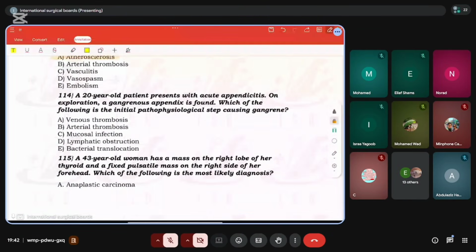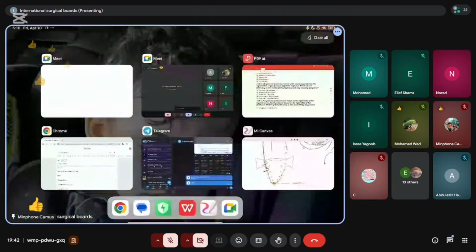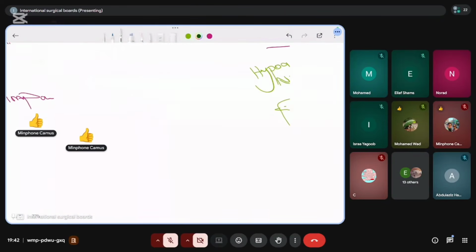Those are different questions. I remember talking about it in a previous session about the steps of progression for acute appendicitis, but you guys would like to revise that? You want to revise that? Okay, let's revise that, no problem. So let's go here and talk about the steps.